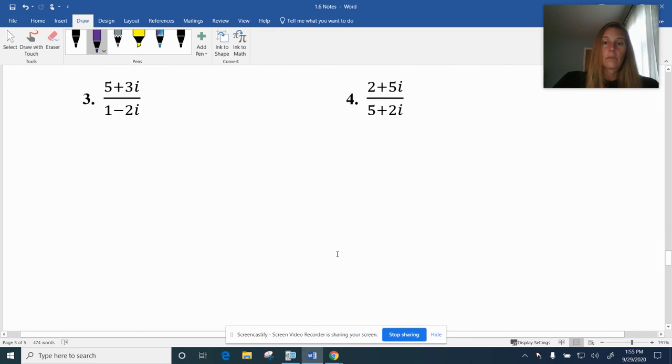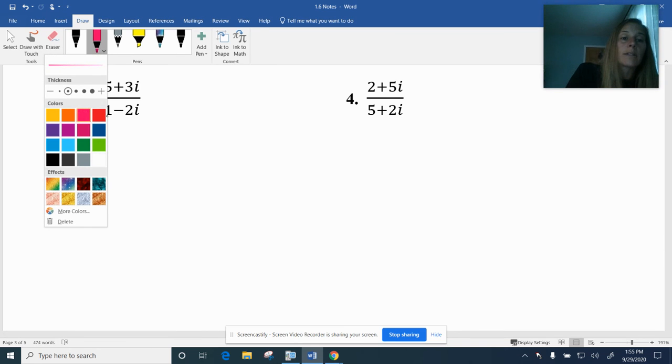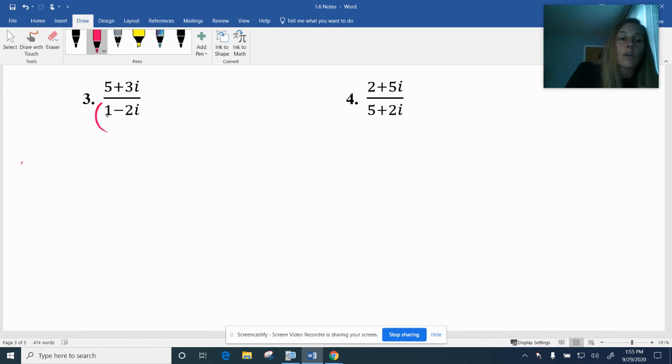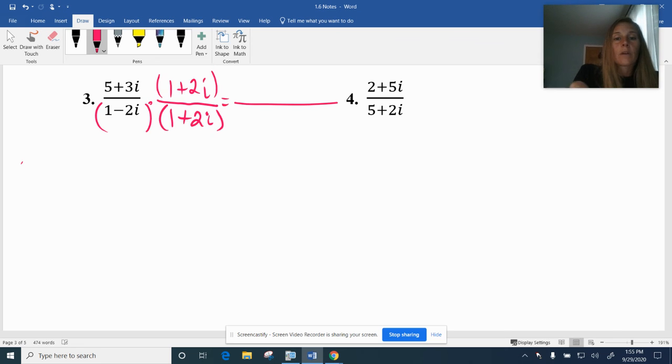All right, so we're going to do a couple more here just to practice. This is where most of the mistakes happen. It's just being very careful. So first things first, my conjugate here is 1 plus 2i, multiply by the same thing on the top and the bottom. On the bottom, I'm hoping most of this will cancel.